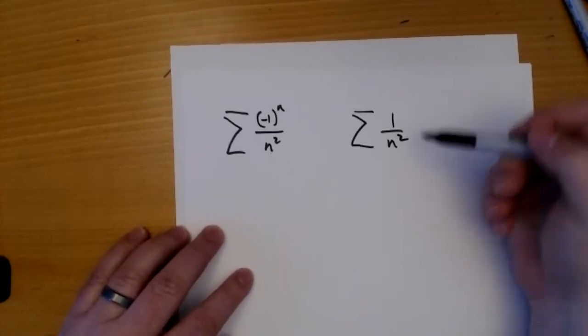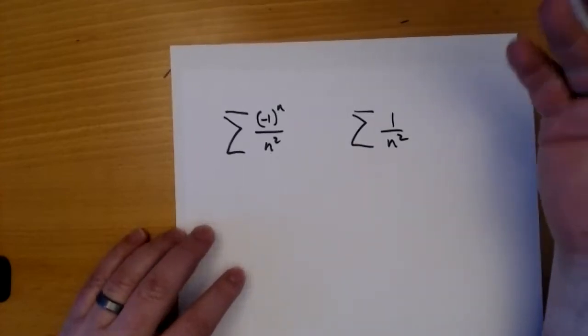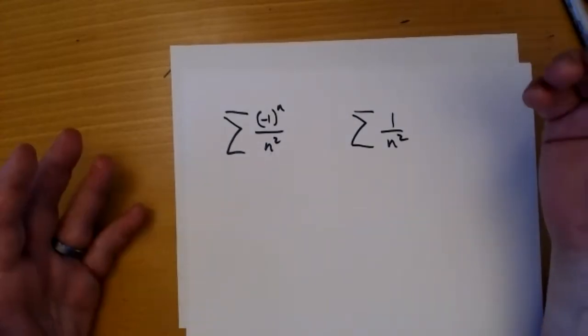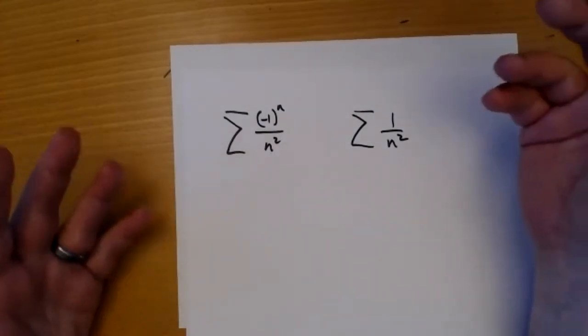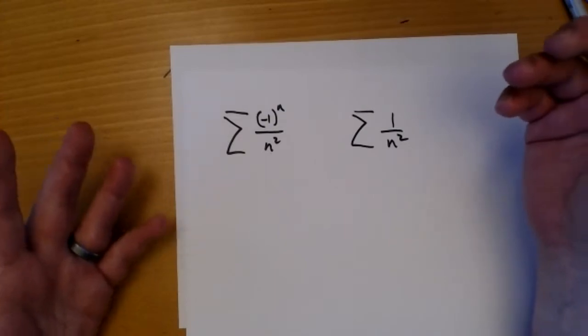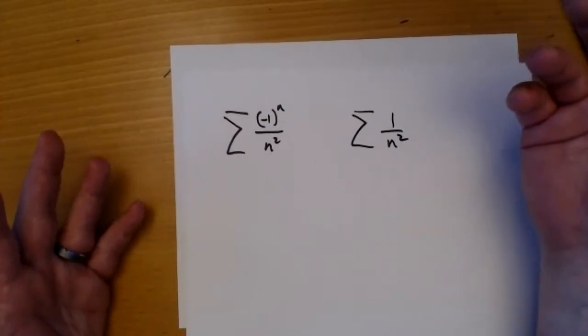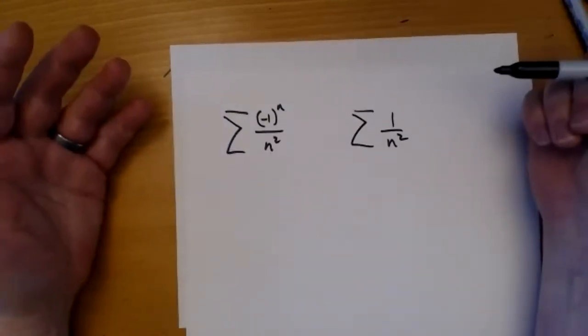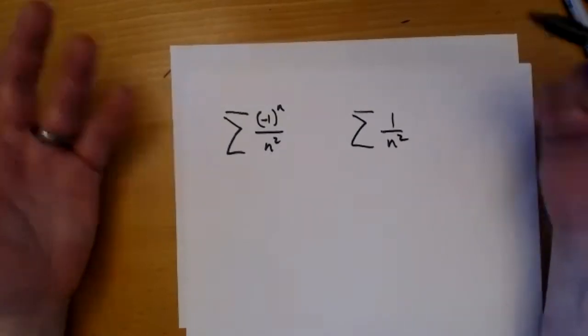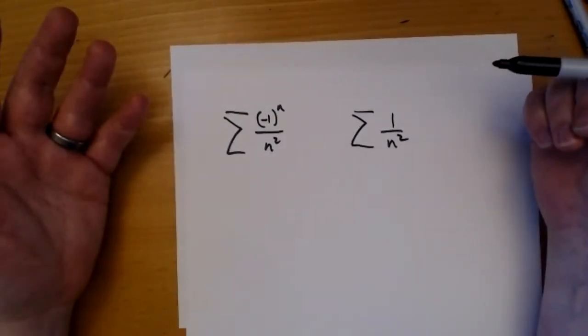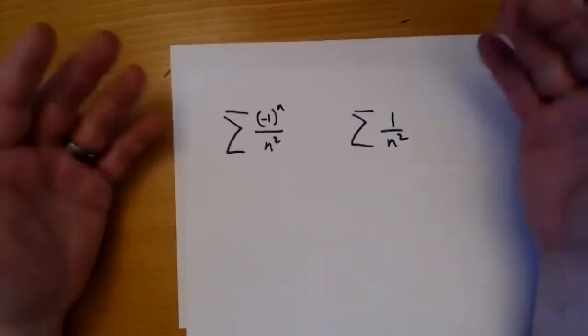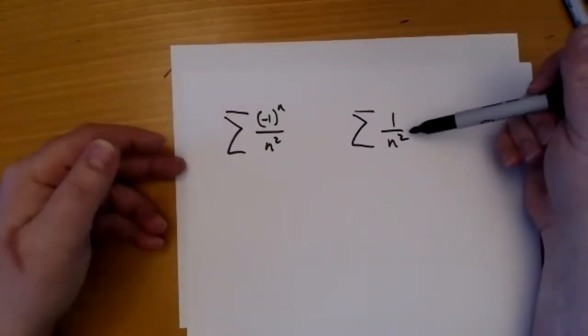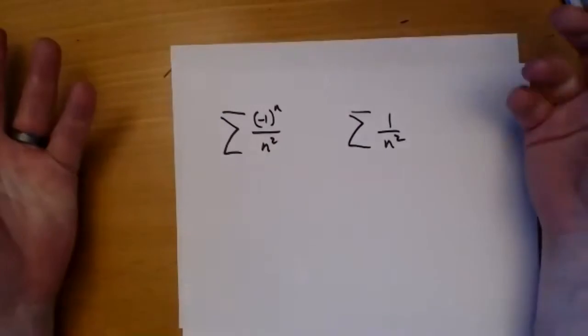Remember how I was saying that the alternating series test is very forgiving and very flexible? All you need to be doing is getting smaller in order to work with the alternating series. Well, some things will converge even if they don't have that flipper on it, like him.